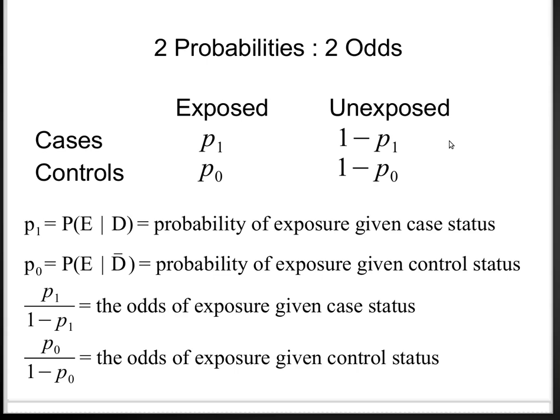Keep in mind with a case control study that it is exposure that is the outcome, and that the case control status is something that's specified by the investigator. It is an explanatory variable then. So we have the odds of exposure for those who are cases and the odds of exposure for those that are controls. Just like before, although the notation we're using has been switched. I hope that's fairly clear.